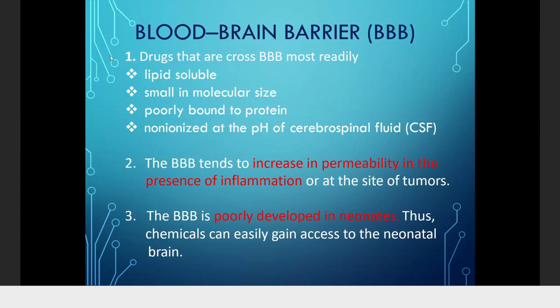Okay, so drugs that cross blood-brain barrier, mostly they are lipid soluble, they're small in molecular size, they are poorly bound to protein, so the plasma protein binding is very low, okay. And then they are non-ionized at the pH of the cerebral fluid.